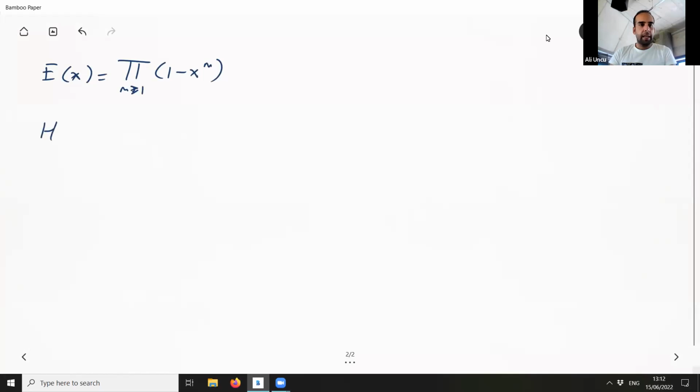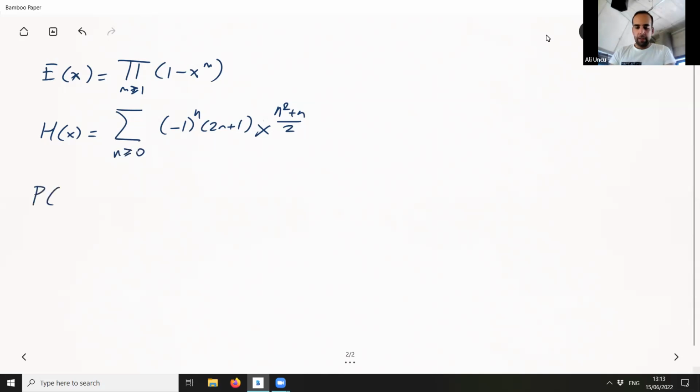We have this H of x, which is the cube of that, E of x cubed, and it is the sum of (-1) to the n, (2n plus 1), x to the (n squared plus n) over 2, n from 0 to infinity.